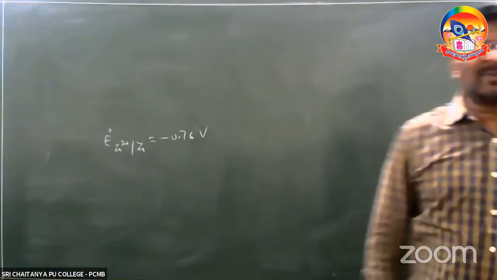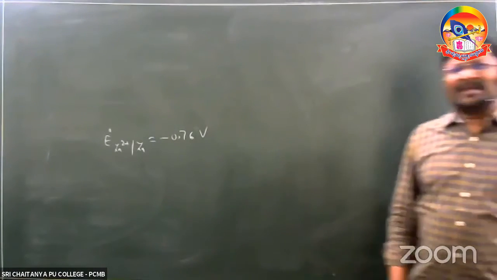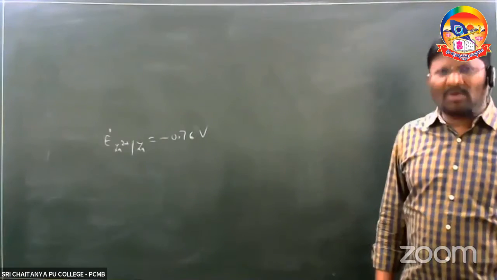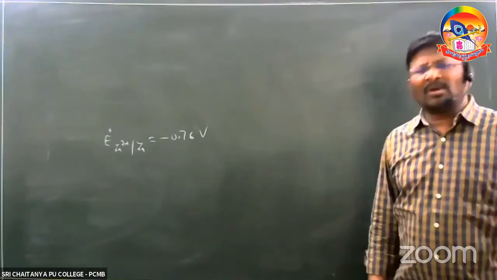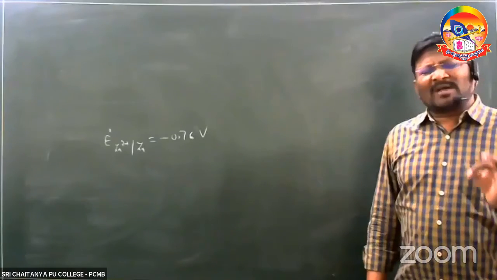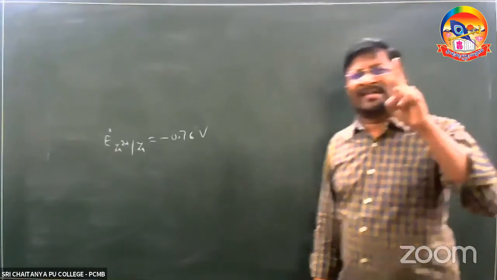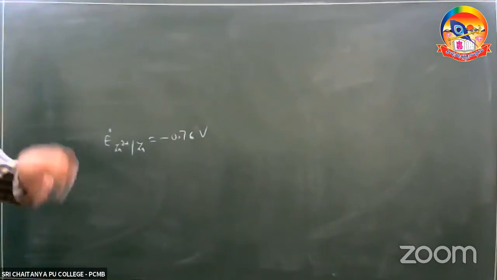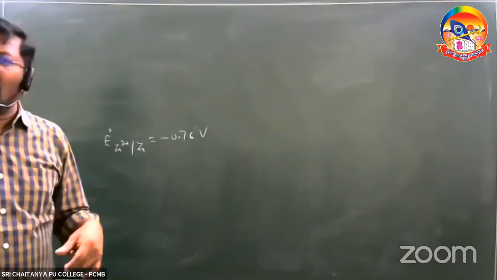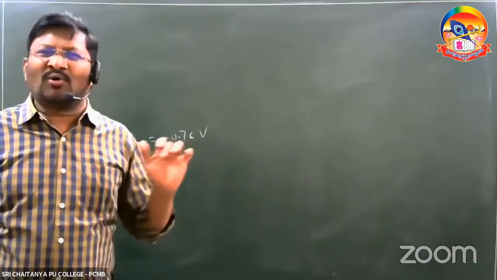Therefore, suppose standard hydrogen electrode. Let me take that. Standard hydrogen electrode is at 1 atmospheric pressure and 1 M H+ concentration, and its value is 0. Other than that concentration, it is not zero.